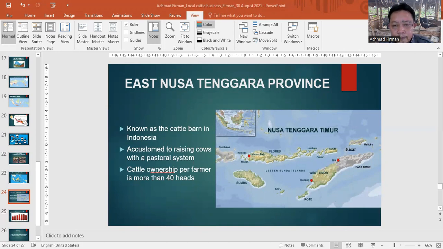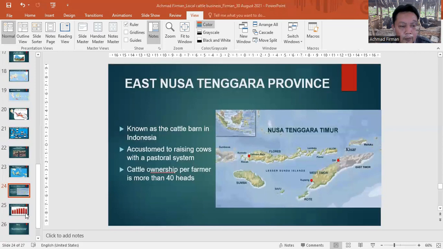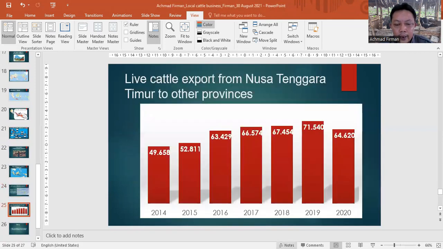Next slide. In the following picture, we can see the development of live cattle production from 2014 to 2020. The cattle leaving the province are transported via cattle carriers from two ports, namely Wini and Tenau ports.